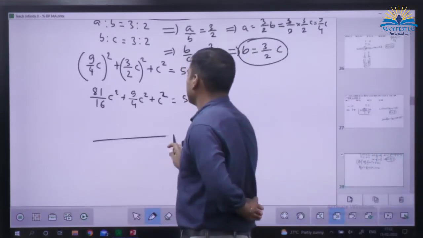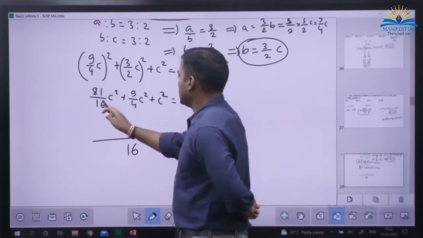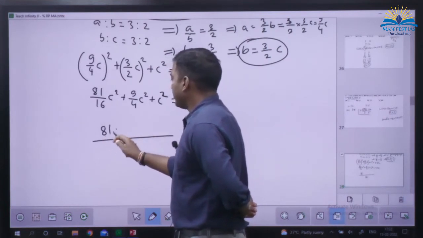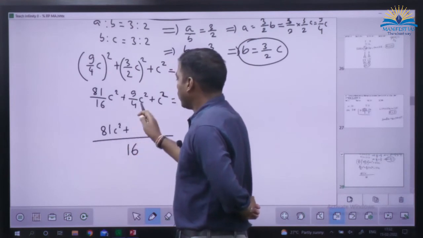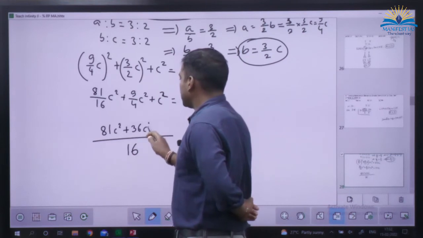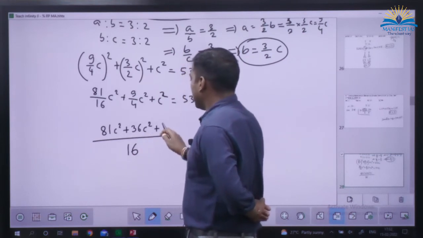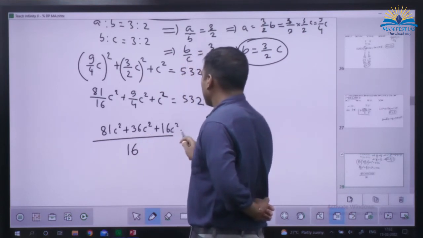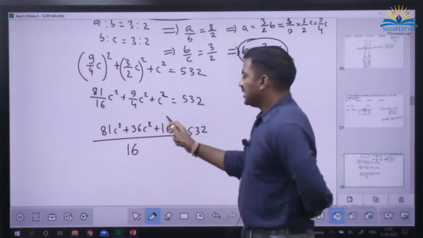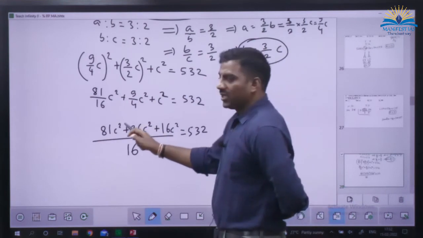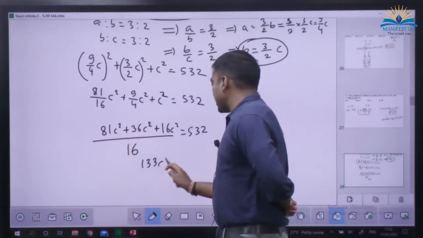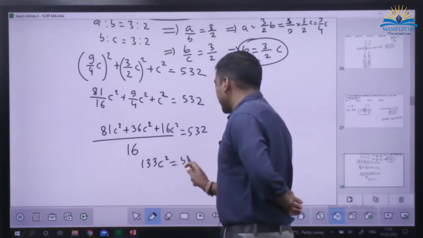LCM is 16. 16 ones are 16, so 81 C square, plus 4 fours are 16, 9 fours are 36, then 16. So what will it be? 36 plus 16, 52. 52 plus 81, 133 C square is equal to 532.